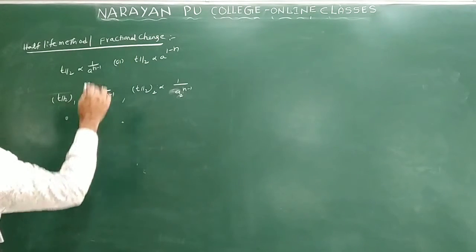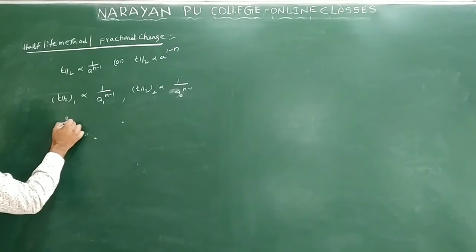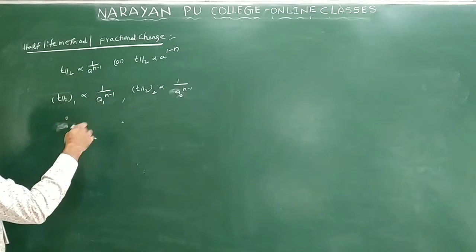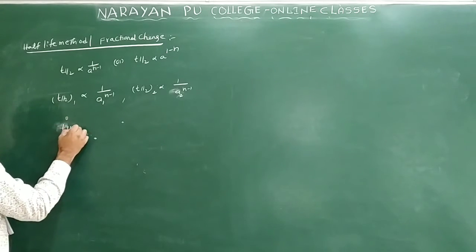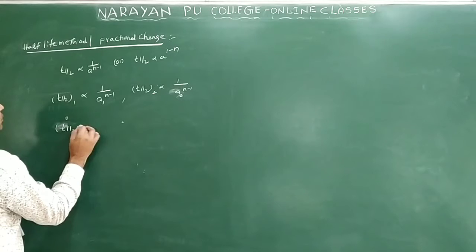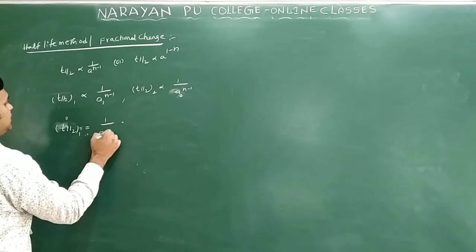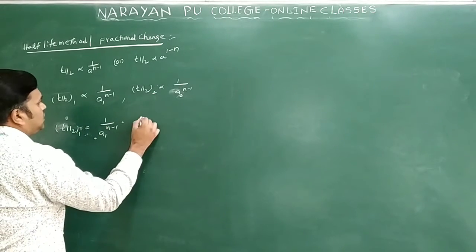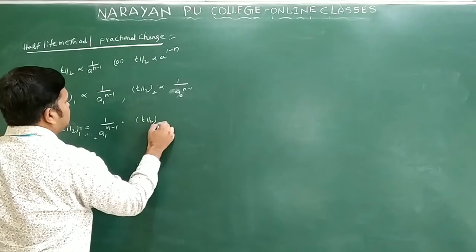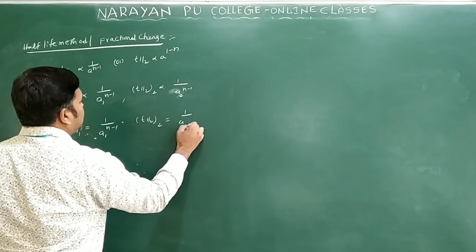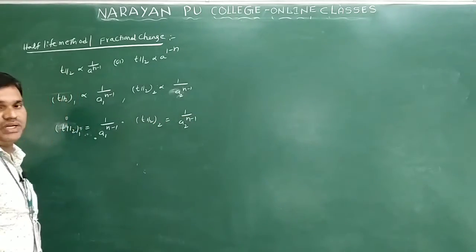You can write any constant here, and that constant you can remove. So t1 half is equal to 1 by A1 whole power n minus 1, and t2 half is equal to 1 by A2 whole power n minus 1.